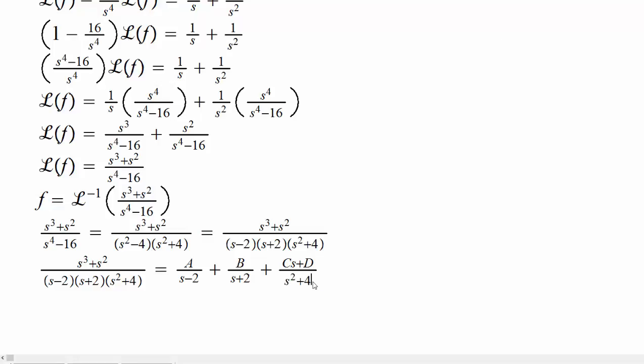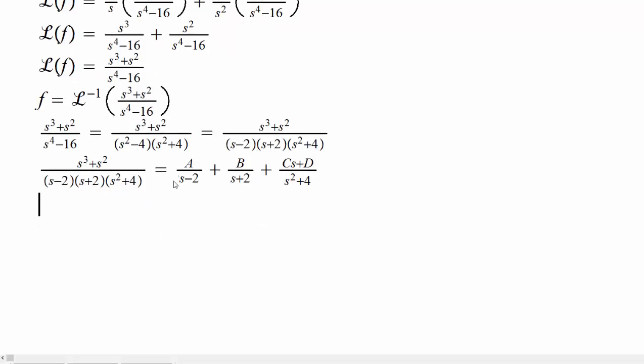And here I put a linear factor upstairs because I have a quadratic on the bottom. So then the thing that will happen is this here.